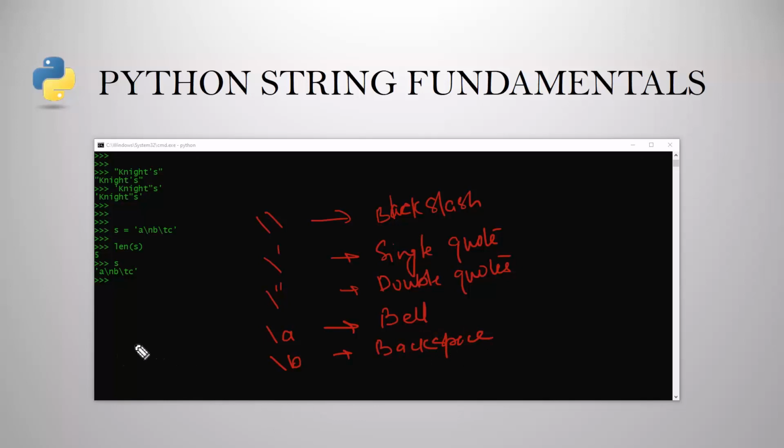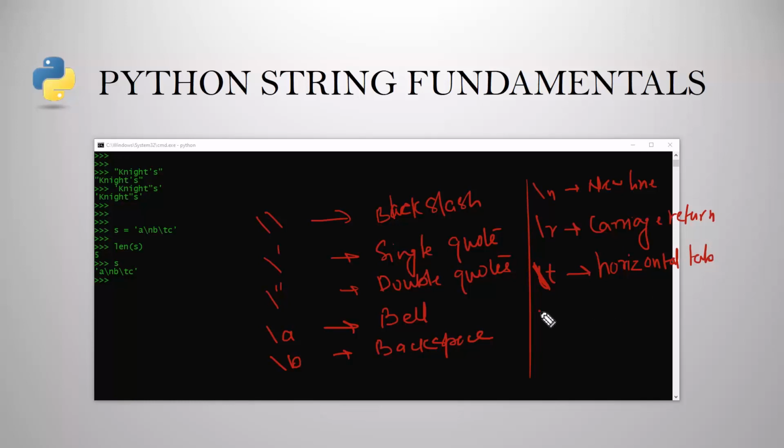We also already mentioned backslash n as a new line character, backslash r is the carriage return, backslash t is a horizontal tab, and backslash v is a vertical tab.